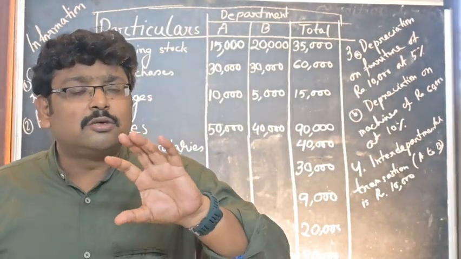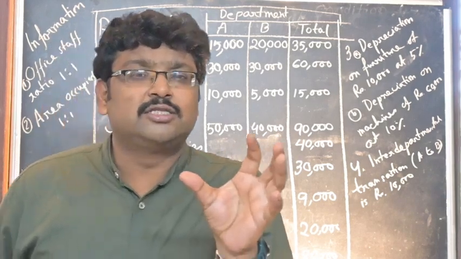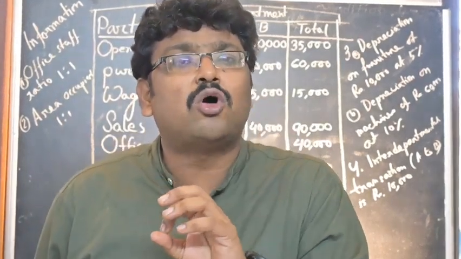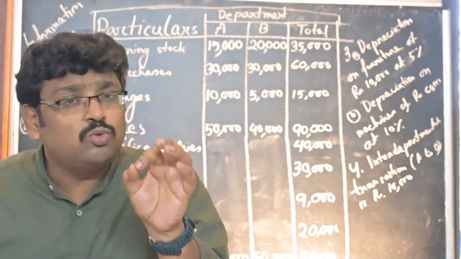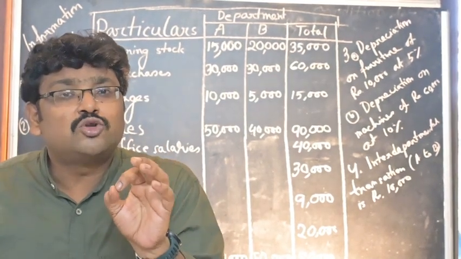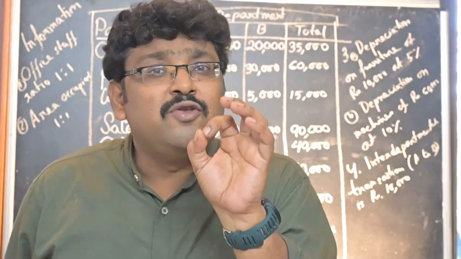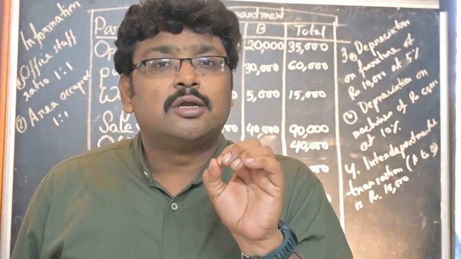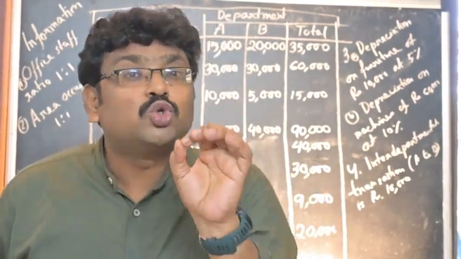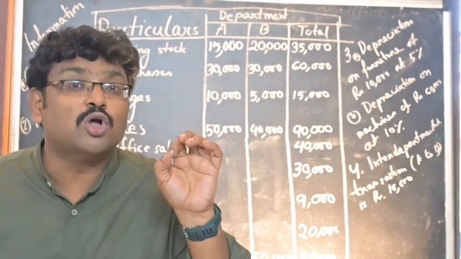By constructing the trading account and the profit and loss account, an accountant represents the information to the manager on what should be the policy for the betterment of the company.